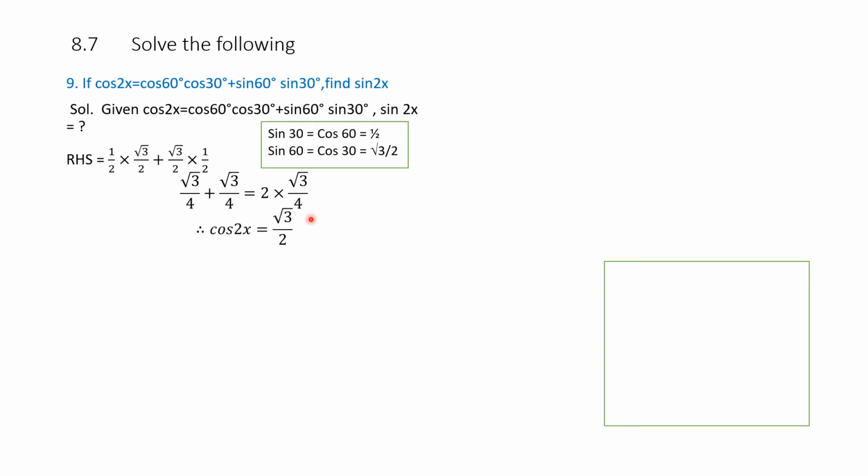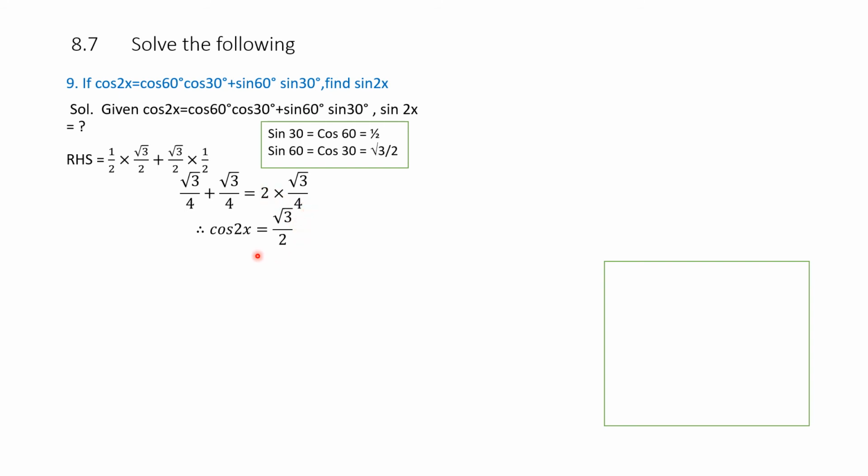Therefore, cos 2x is equal to, we have found cos 2x given is root 3 by 2. This 2 goes into 4, 2 times, hence root 3 by 2.